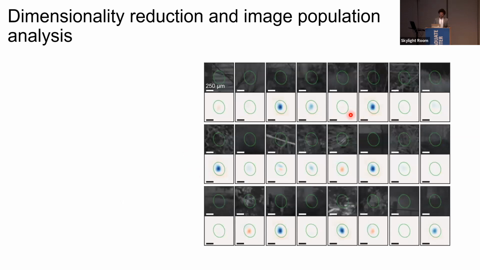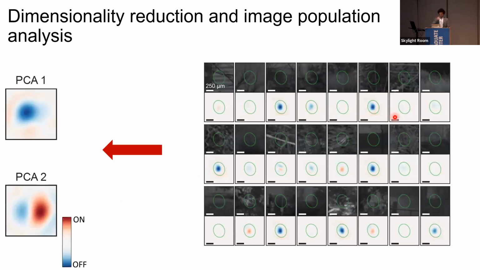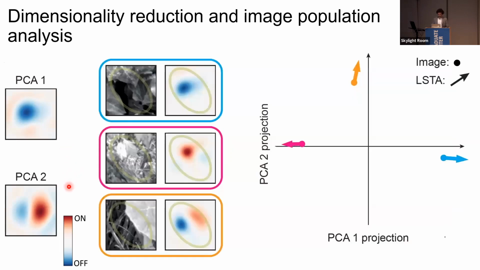And we have a set of 3,000 local STAs. We can take that and do a principal component analysis on it, and we end up for every cell with 2 principal components that look like these 2, and they account on average for 90% of the variance in the local STA dataset.